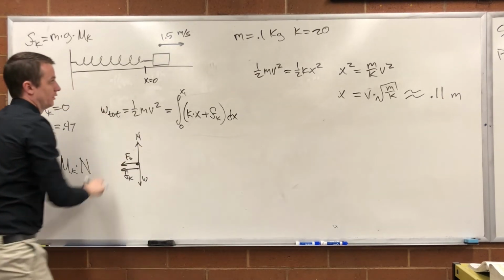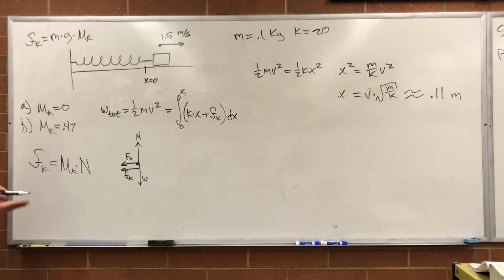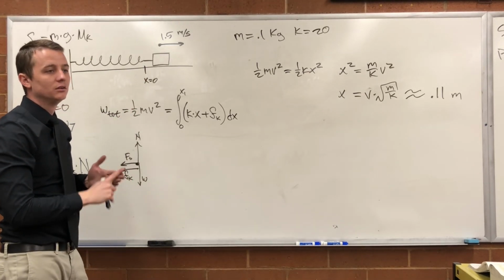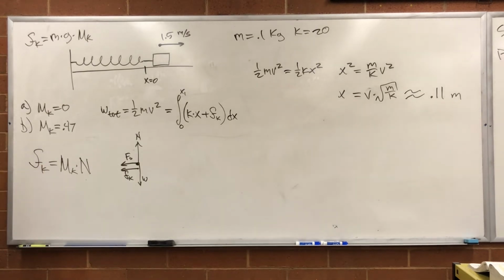And so it's decelerating. It's going to stop moving. What's pushing it? Nothing's pushing it. It just has an initial velocity. So it's only being pulled. It's just coming to a stop. The question is, how far is it going to go before it comes to a stop? Make sense?